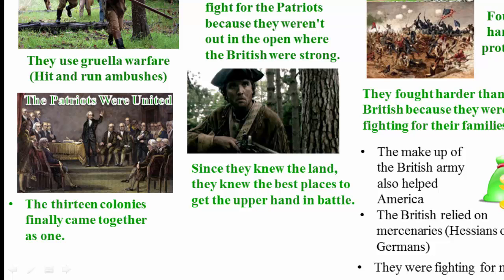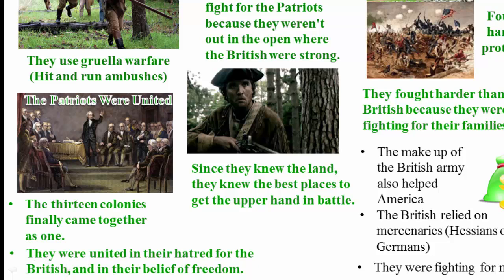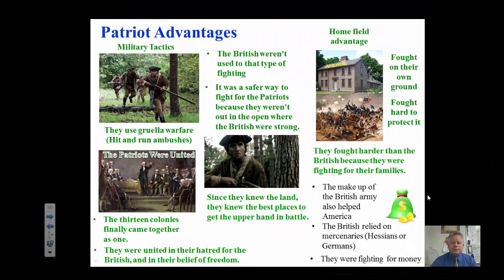The 13 colonies finally came together as one. They were united in their hatred for the British and their belief in freedom. Now, a lot of these things are why the Americans won the war.